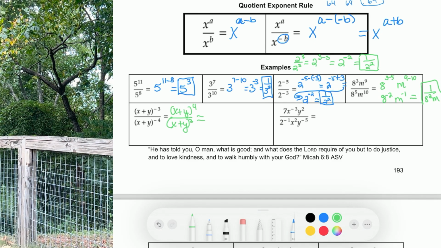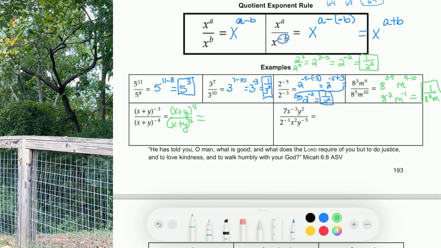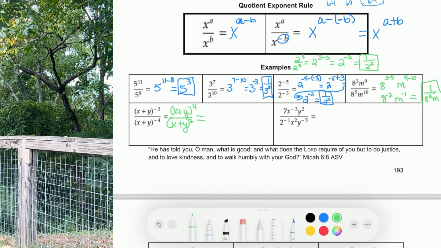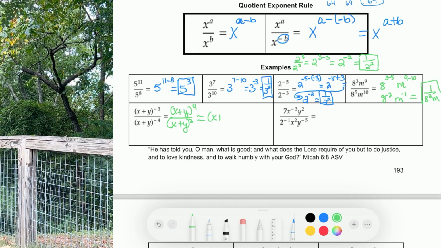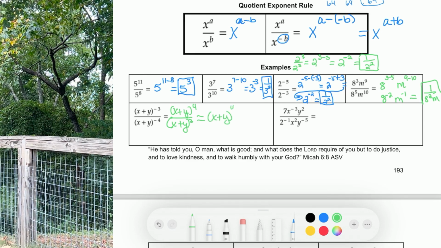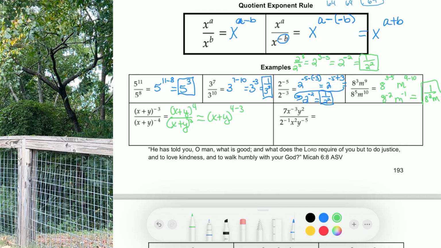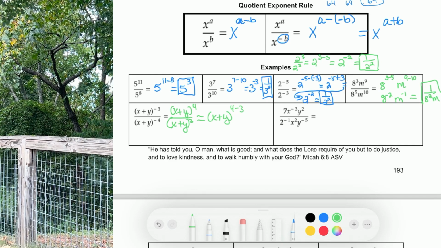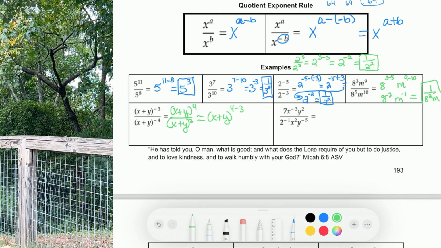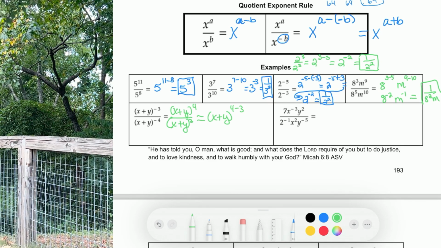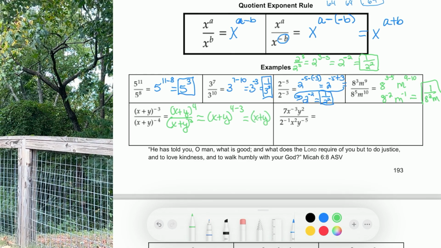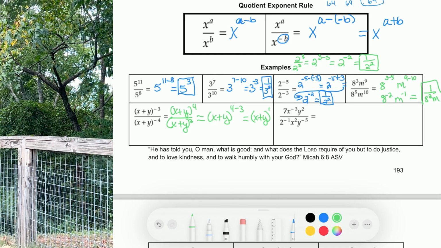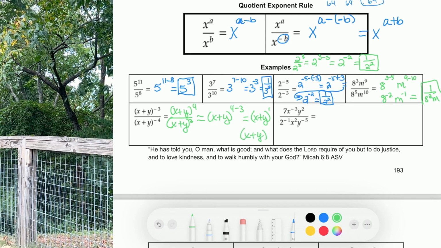Now, because those exponents are attached to everything in that parentheses, and everything in the parentheses is the same as each other, I can go ahead and set it up like this. X plus y to the power of 4 minus 3. That's only because our base was the same. Both of them had the base of x plus y. If they were different, we wouldn't be able to do this. So now I can say that becomes x plus y to the power of 1, because 4 minus 3 is 1, which is just x plus y.